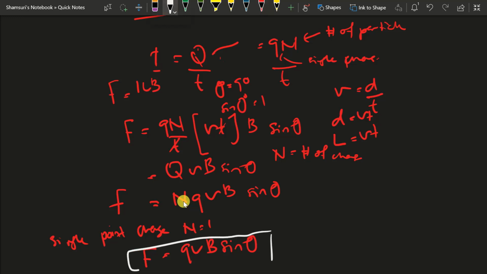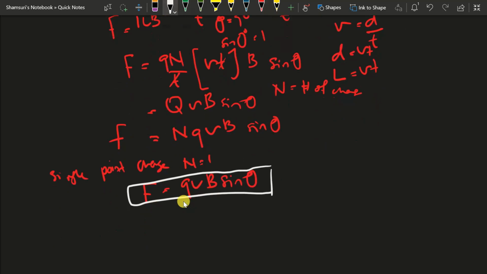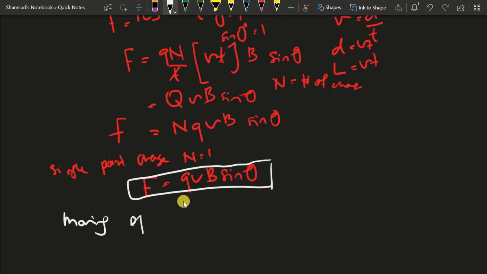We can have the force for the single point charge. This actually can go towards the moving of proton or electron.